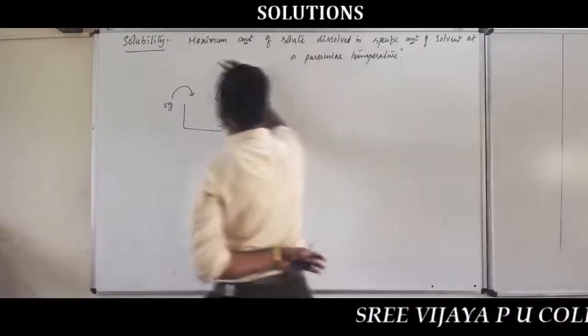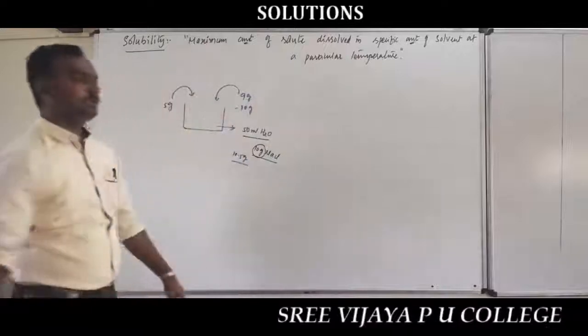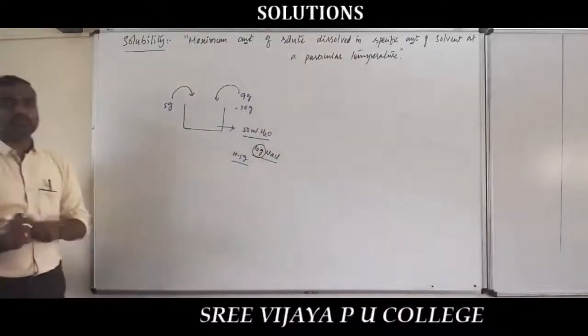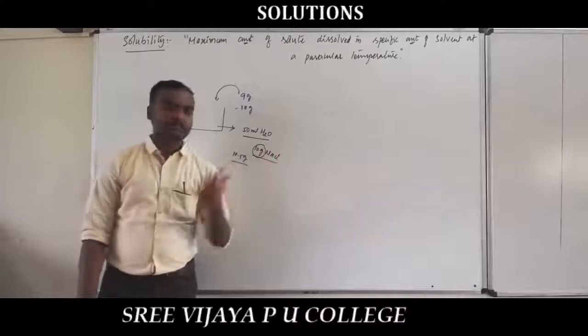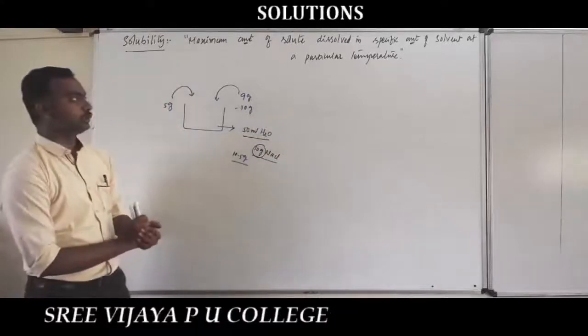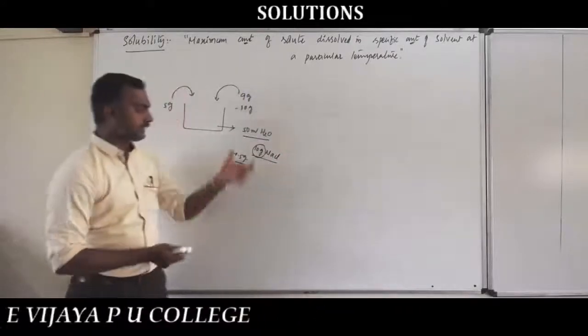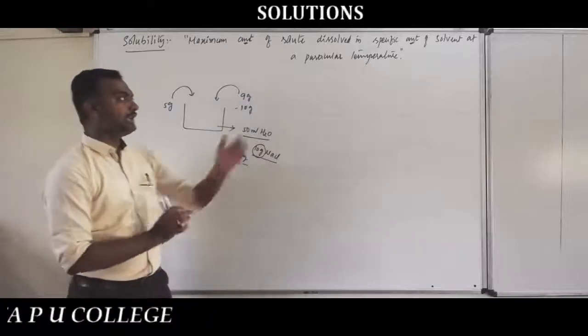This is very important. Define solubility. Solubility is nothing but the maximum amount of solute. In this example, 10 gram is the maximum amount of NaCl, that is solute, dissolved in a specific amount of solvent, that is 50 ml of water, at a particular temperature.